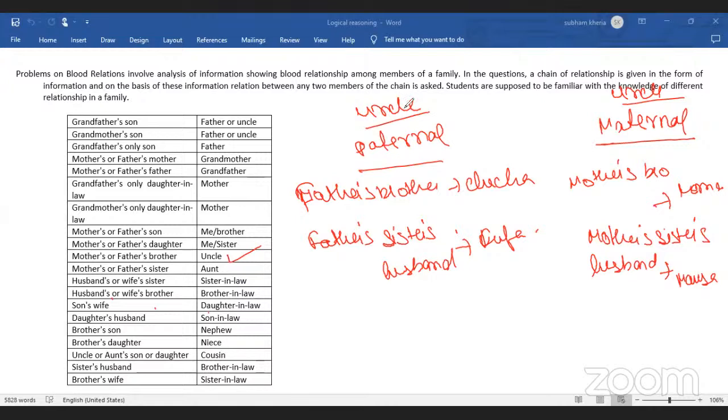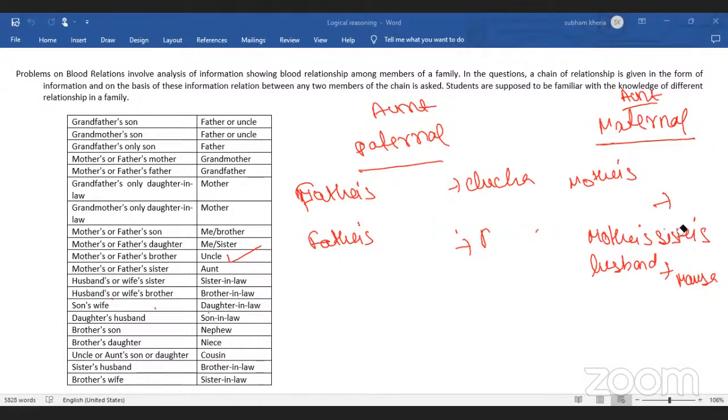Similarly, aunt also means 4 relations. Father's sister is your bua. She is also your aunt.